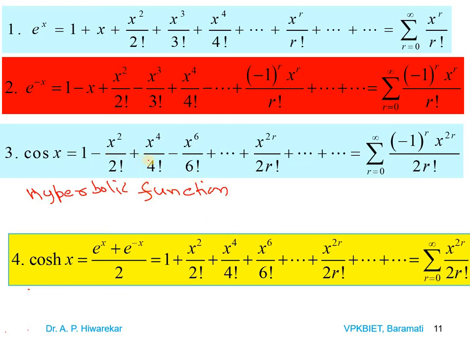So in the trigonometric cosine series, it is with plus minus sign, and in the hyperbolic series, every term is with plus sign. It is better if you write these two series very close and then compare, and in that way you can remember it better.